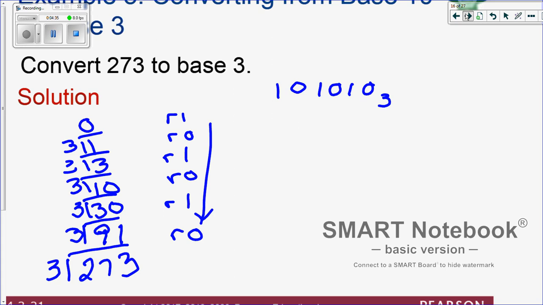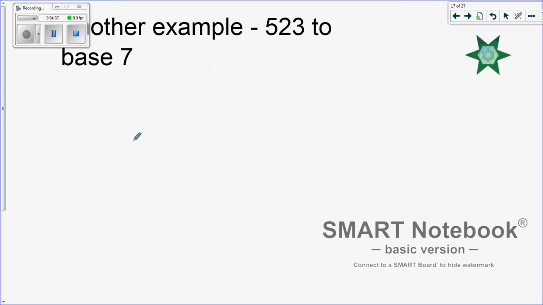All right, so let me show you another one. Okay, so now I'm going to take the number 523 and change it to base 7, so that means I'm going to divide by 7. So 7 goes into 52 7 times, because that's 49, and 52 minus 49 is 3. So this is 33, and 7 goes into 33 4 times with a remainder of 5.